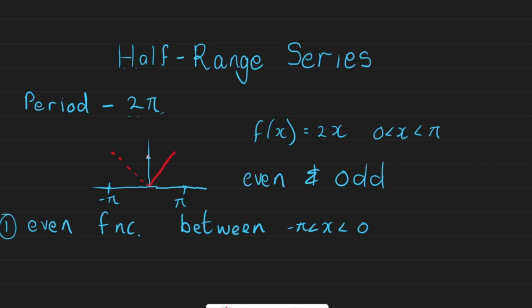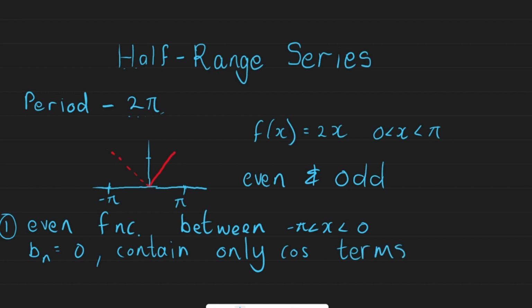So if we put a mirror on the y-axis, we should see something on either side. We also remember about an even function that it has only cos terms because bn is equal to 0. So then we'll have bn equal to 0, and it will contain only cos terms. So that's the one thing that we can do.